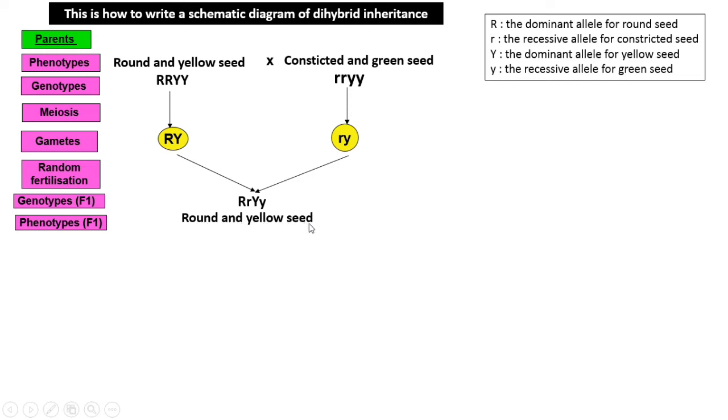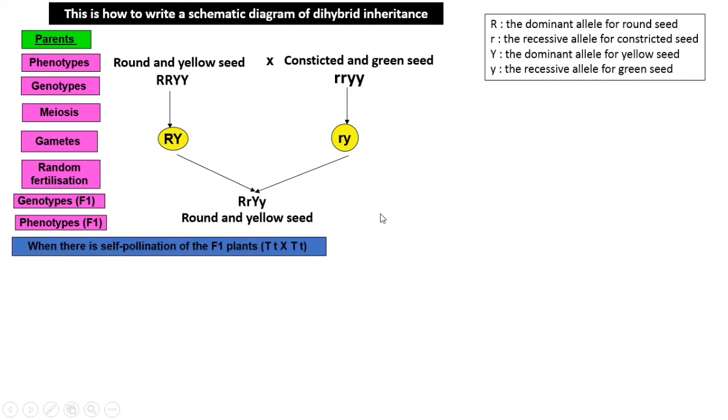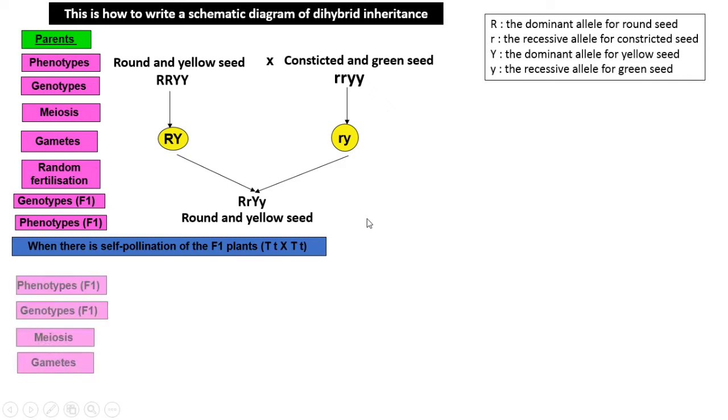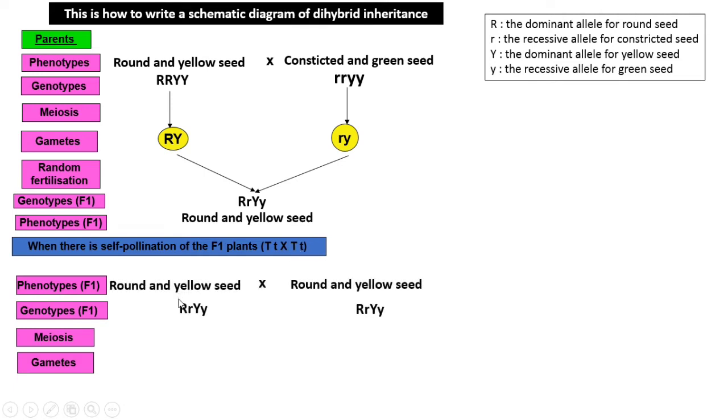After that, self-pollination. Okay. So this is capital R, small r, capital Y, small y. So round and yellow seed is crossed with round and yellow seed. So we write down the genotype here, and after meiosis, heterozygote capital R, small r, capital Y, small y.